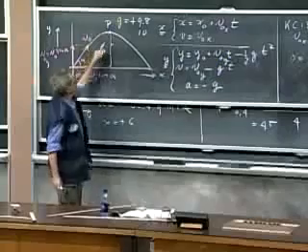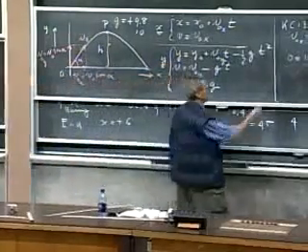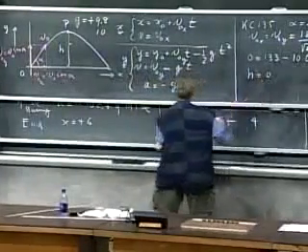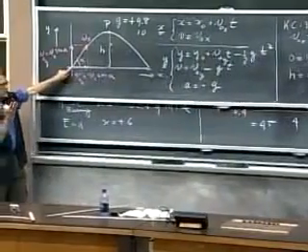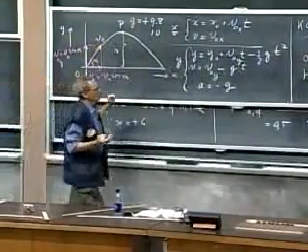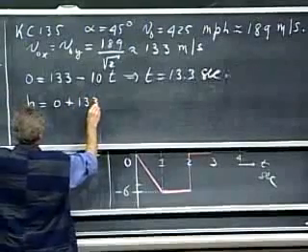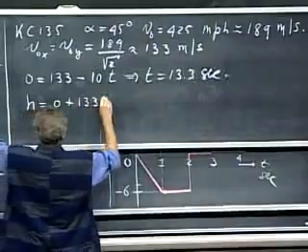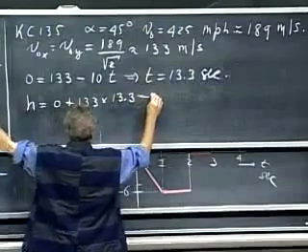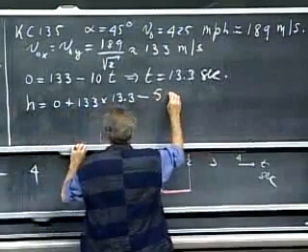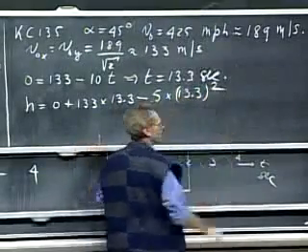And what is this distance h now? Now I have to go to this equation. I say y0 equals 0, because I'm going to define the point where the plane starts its trajectory. I call that y0, 0. I'm free to do that. h equals 0 plus 133, that is the speed, times 13.3 seconds, minus 1/2 times g, that is 5, times 13.3 squared.